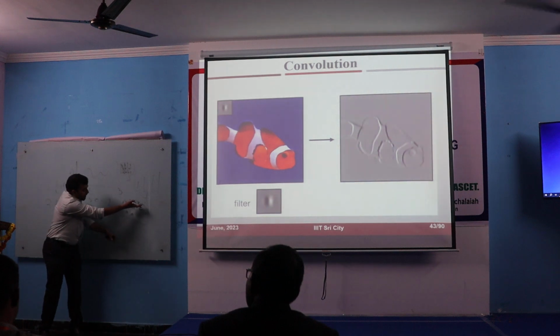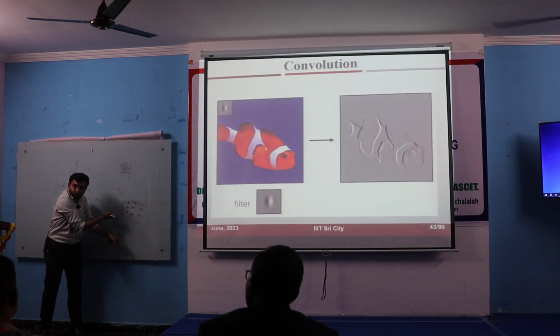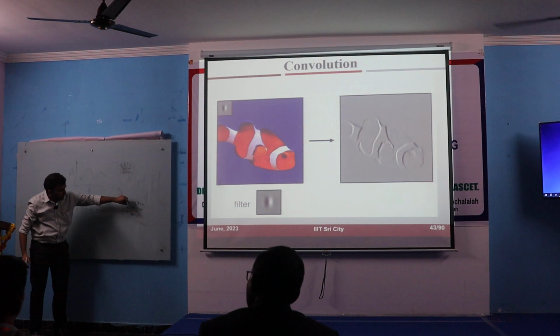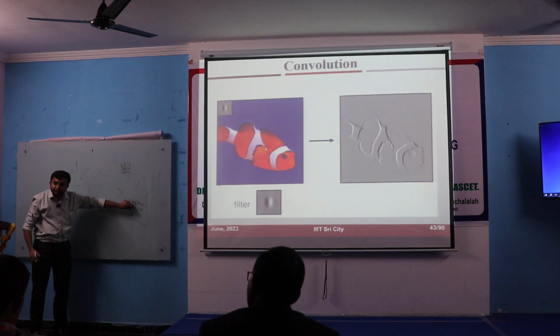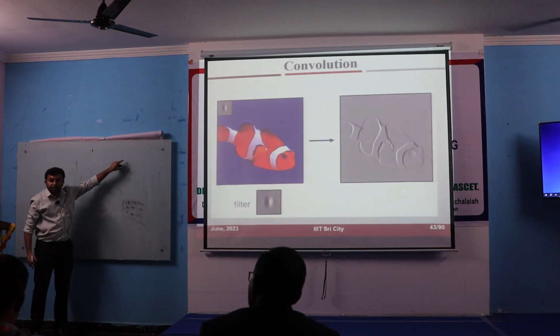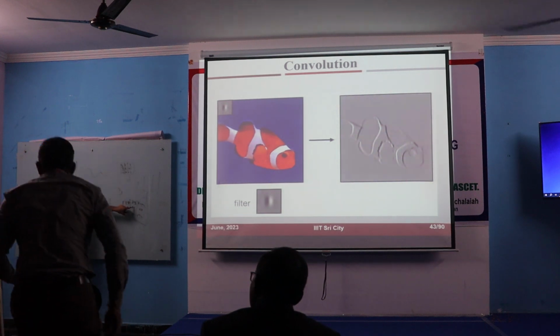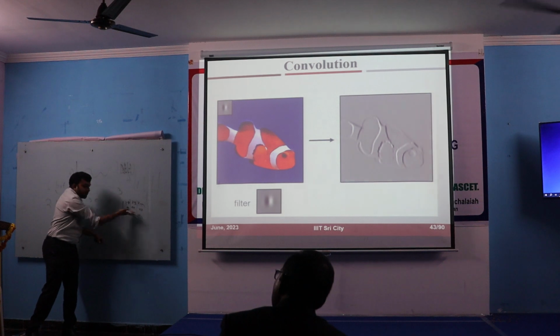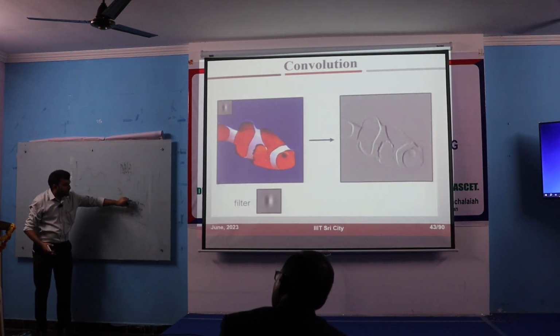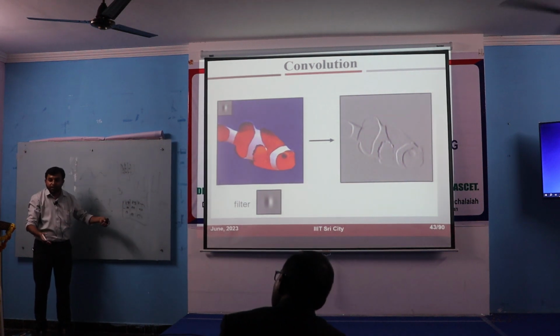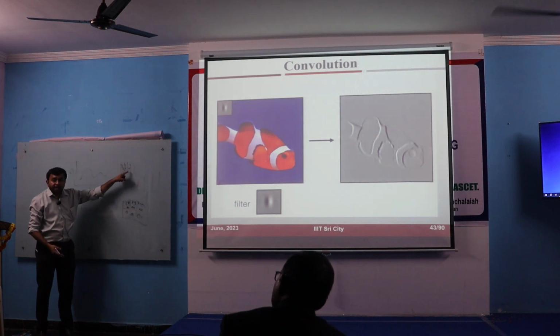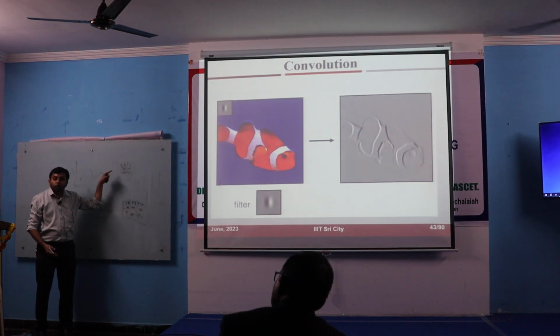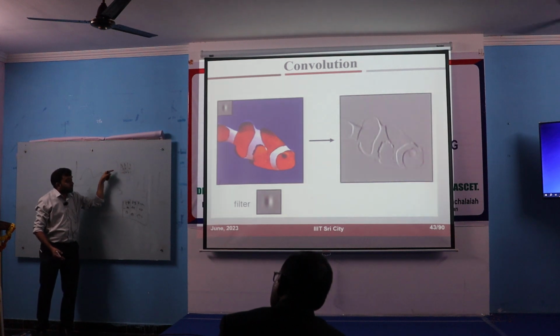So that means it is taking the difference between this row and this row. So that means I can say that if there is an edge at this position by using this kernel, if I get 0 value here means there is no edge. Right? Here also 255, here also 255. If I subtract this row and this row, there is no edge. So this I can use for detecting the edges in this direction.